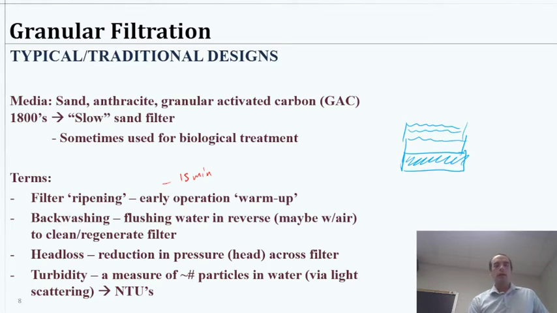This is hydraulic head, so pressure, meaning the head loss is basically if we have the same amount of pressure being applied, how much pressure is still there coming on the outside. So if you are applying, let's say, 10 psi to a filter of some sort, and the filter has some resistance, it's going to take up some of that pressure, and let's say it's got a pressure drop of 5 psi across that filter.